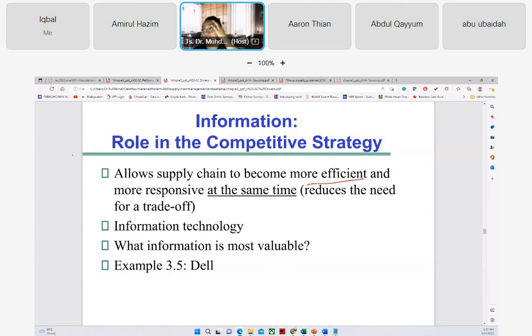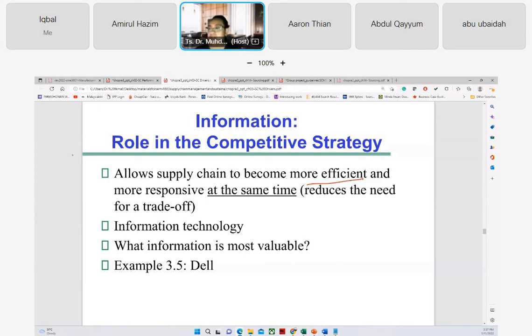You can balance that. So this is what we call data analytics. You use data, manage that data to make sure your process is in very good shape.